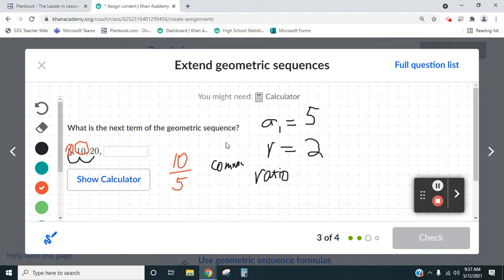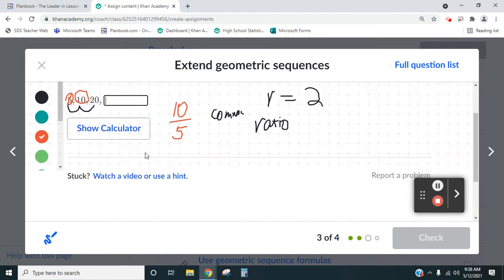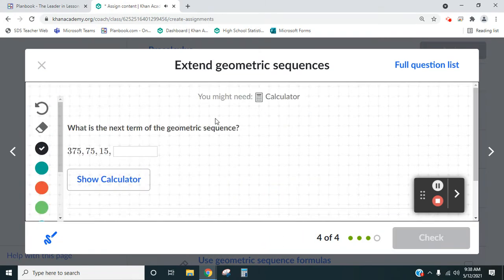Now it's rather obvious. Multiplied by a fraction, and you might recognize it right away. All right, so anyway, the next, easy enough. There we go. All right, let's look at this one. It is going down in value. Now, normally you might say it's division, but I want you to think that it's multiplying by a fraction instead.